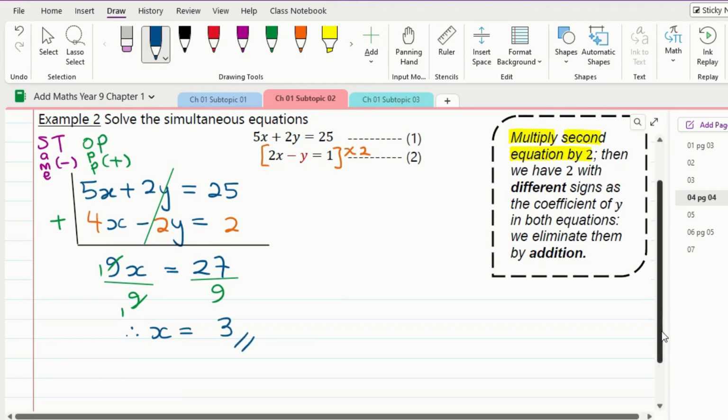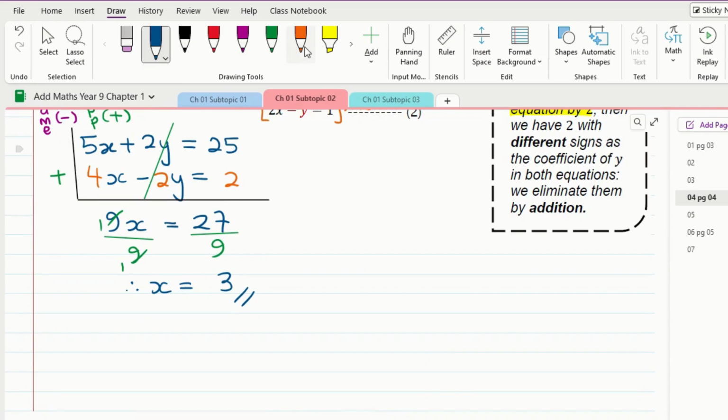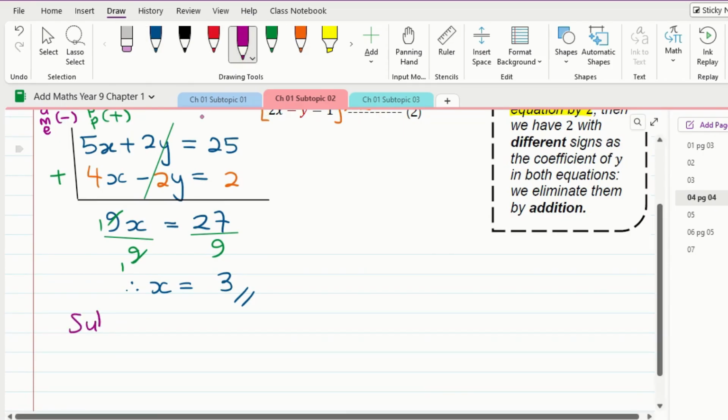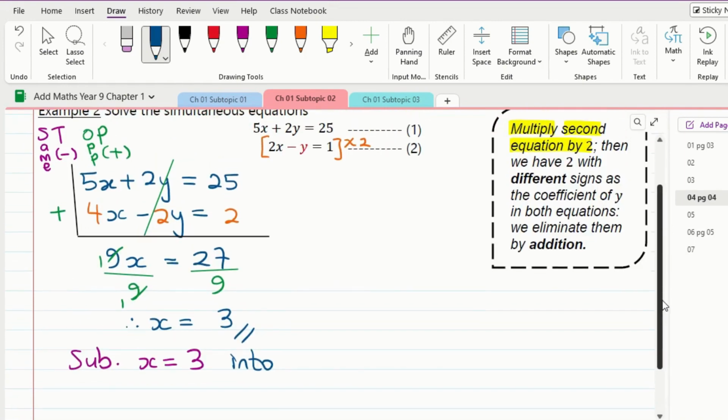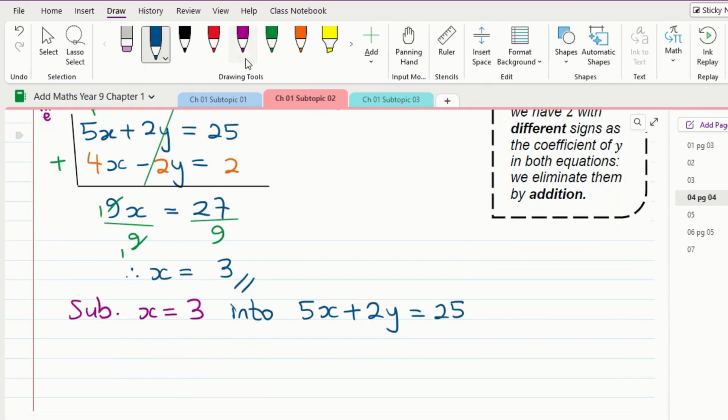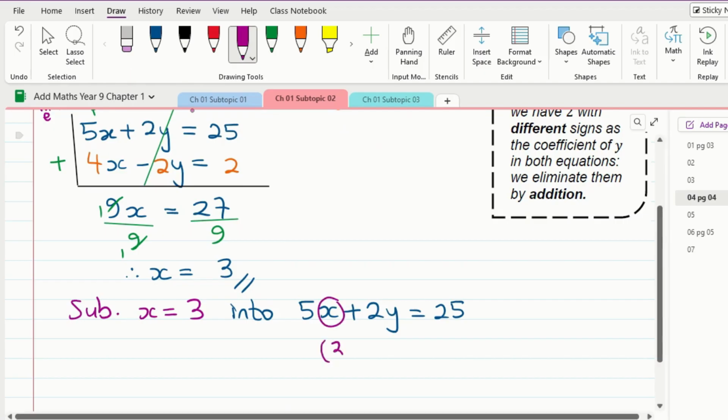Now you are going to find y for the next step, so you have to substitute x equals 3 into one of the equations above. So say here I will use the first equation, which is 5x plus 2y equals 25. So here x will be replaced by putting in 3.